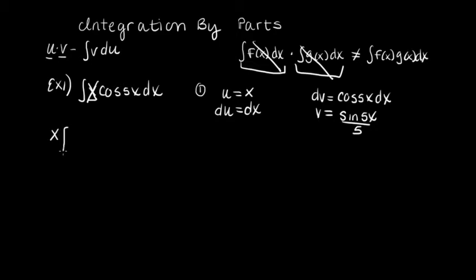We multiply that by our v, which is sine of 5x all over 5. Subtract off the integral; we have our v again, sine of 5x all over 5, and our du, in this case, is dx. I'm simply going through and plugging in my values for each of these.